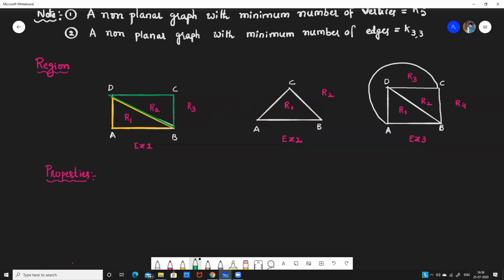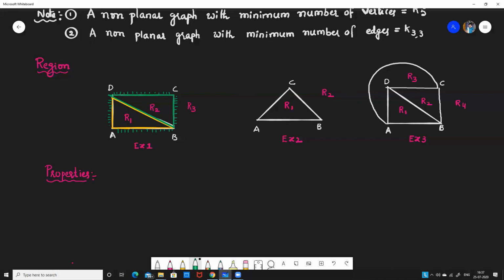So what about R3? How many edges are exposed to R3? Clearly 1, 2, 3, 4. So these are the edges exposed to R3. That is called the degree of R3. Is it clear? So 4 edges are there.